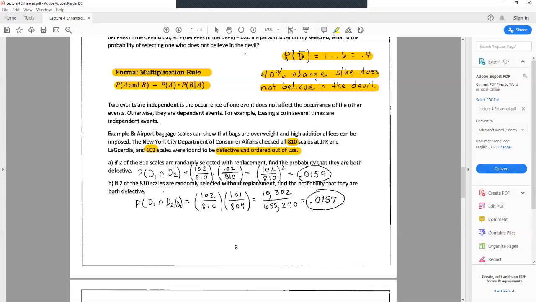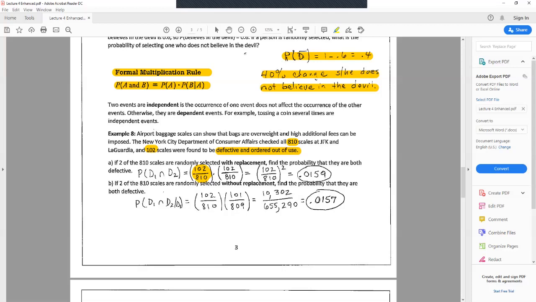Part A says if 2 of the 810 scales are randomly selected with replacement, find the probability that they are both defective. With replacement means that you find a defective scale, and let's say you label it, but for some reason you decide to put it back in the group so that you still have 810 scales. The first time you randomly choose a scale, the probability that it is defective is 102 out of 810, because we know that 102 out of the 810 are defective.